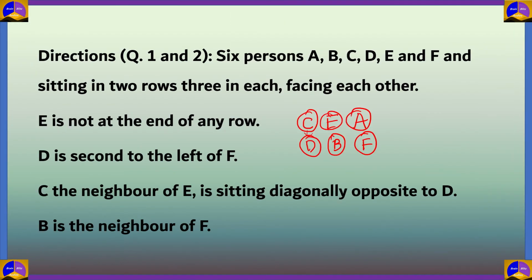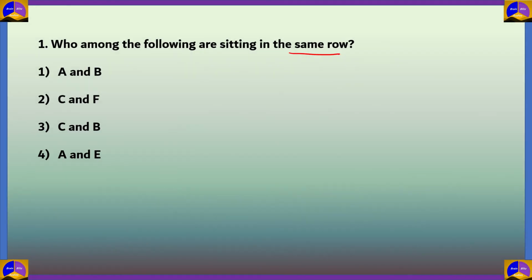Now, let's name each of the rows. So this will be row 1 and this will be row 2. Now A and B. A is in row 1 while B is in row 2. But the question is asking which of the following are sitting in the same row.